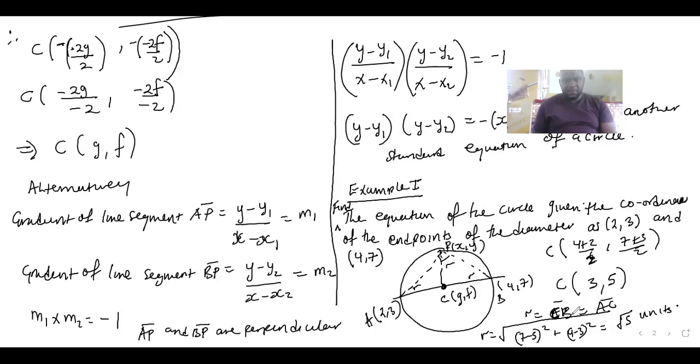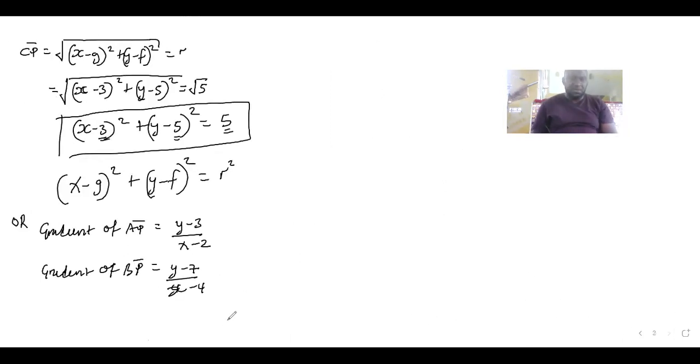This is because B was (4, 7), A was (2, 3). That's how I've realized those equations.